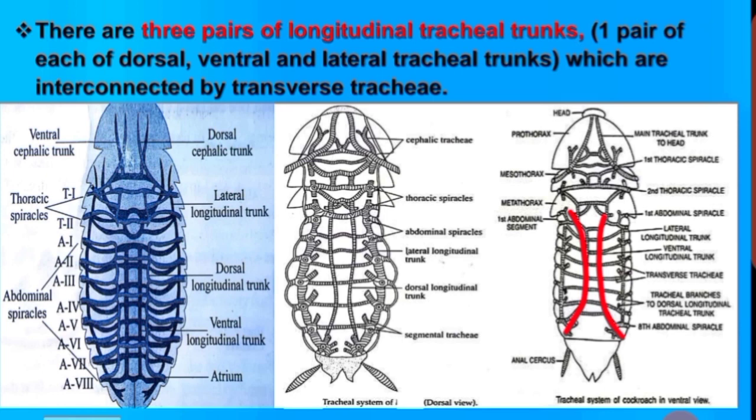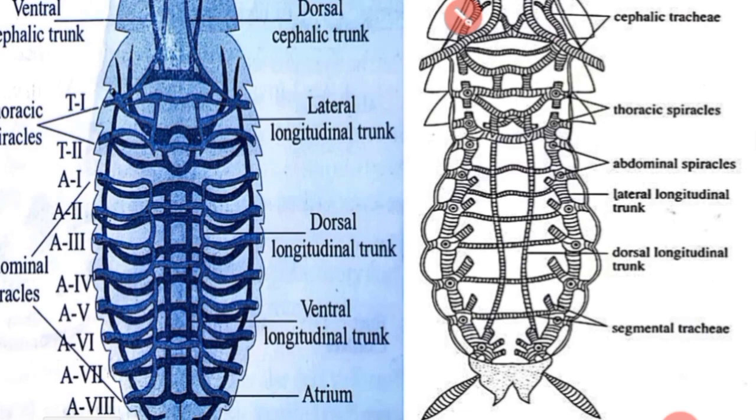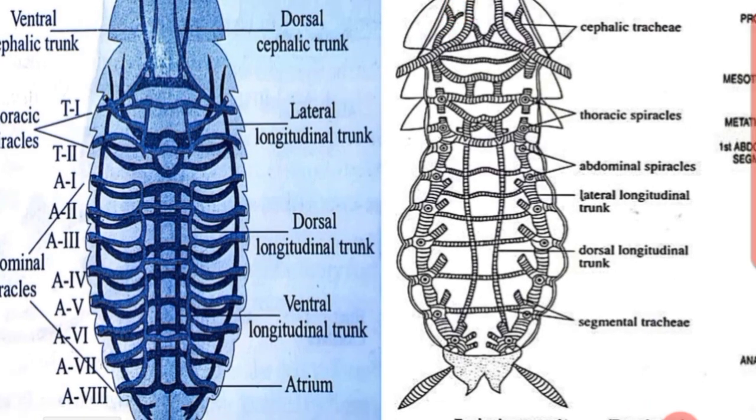Then these dorsal and ventral trunks are connected by transverse tracheae. See the whole picture. Shall I zoom and show you? This is the entire cockroach internal structure. It has a lateral longitudinal trunk, dorsally a dorsal longitudinal trunk, and ventrally a ventral longitudinal trunk. Got it?